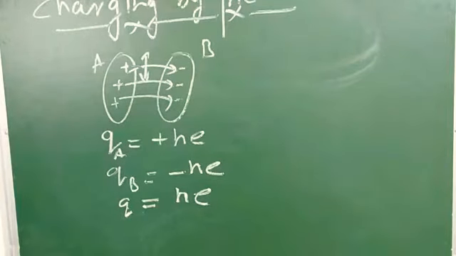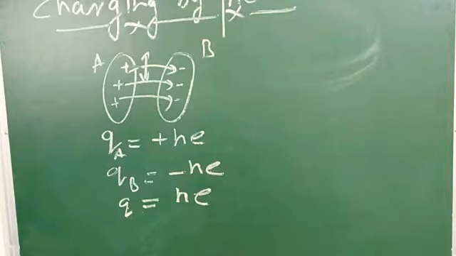But what will be the basis of deciding which body will be positively charged and which will be negatively charged? Suppose I have given two bodies, cotton and plastic, and you are rubbing them. How will you decide which one will be positively charged and which one negatively charged?